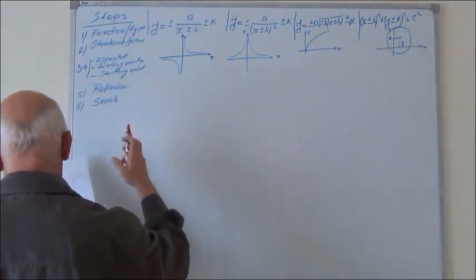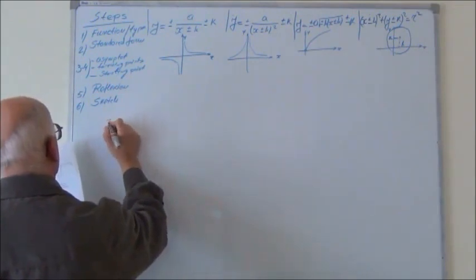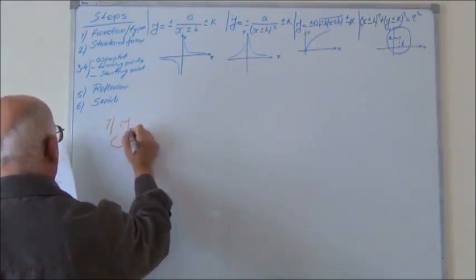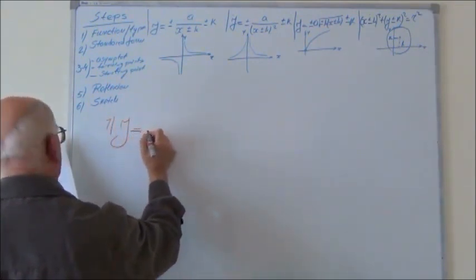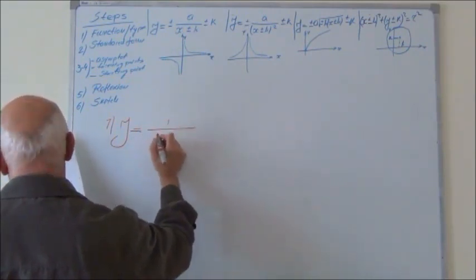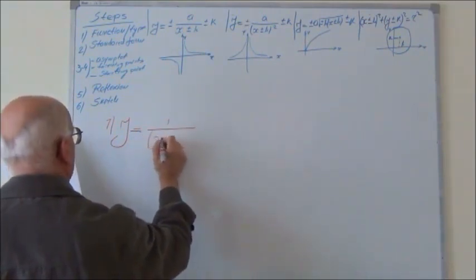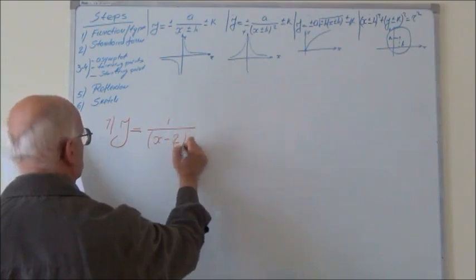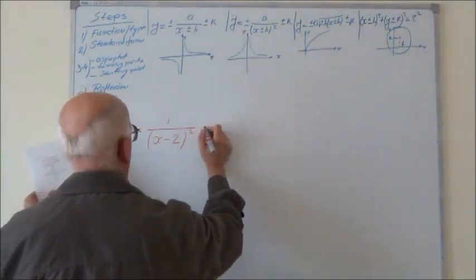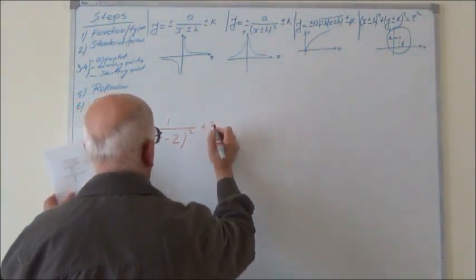And question 7, the equation is y equals 1 over (x minus 2) power 2, plus 3.